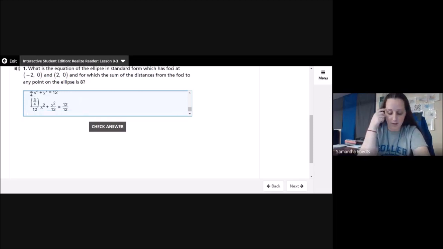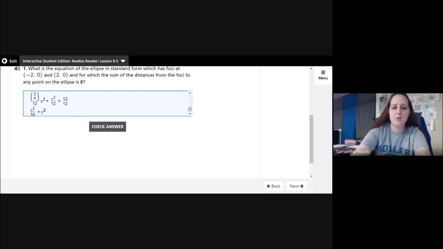So 3/4 divided by 12 gives me x squared divided by 16. So x squared divided by 16 plus y squared divided by 12 equals 1.